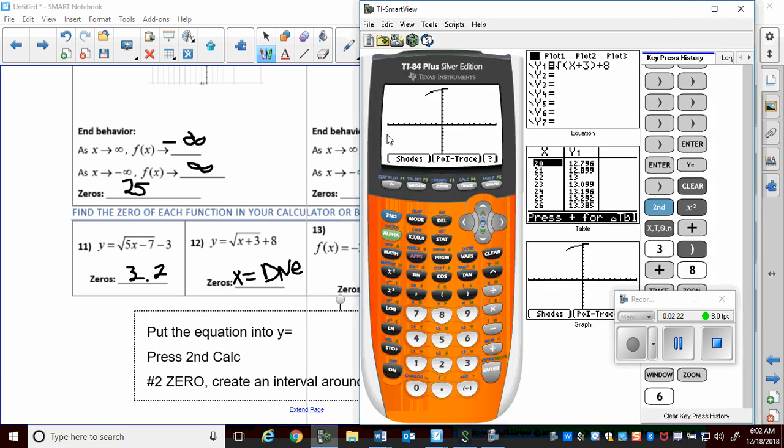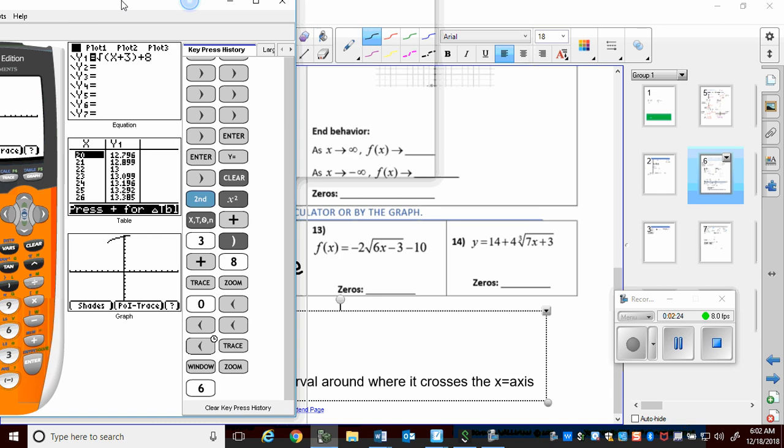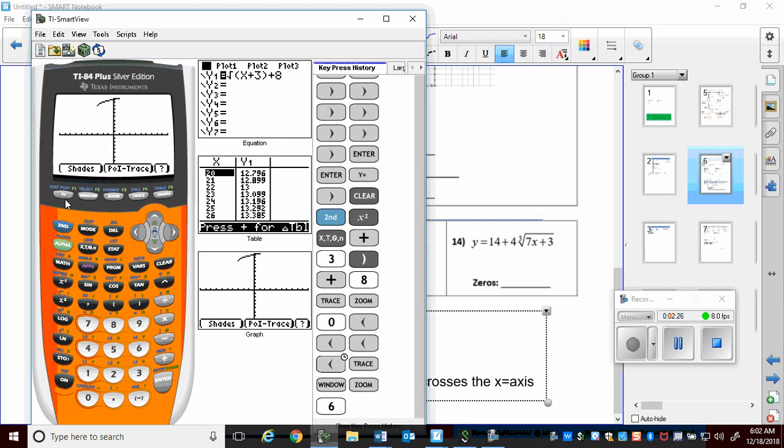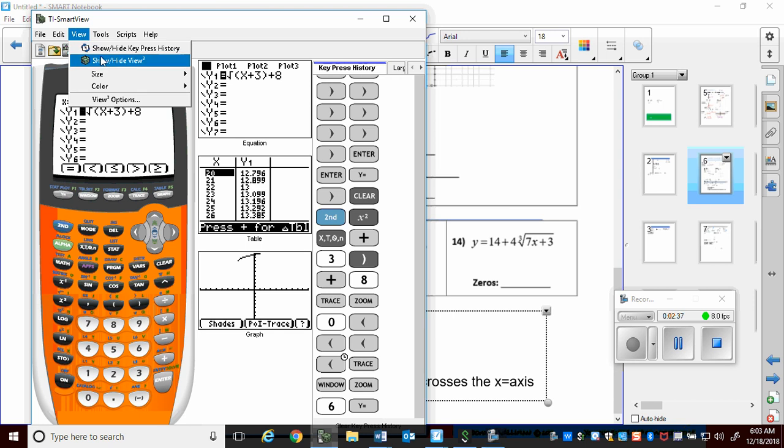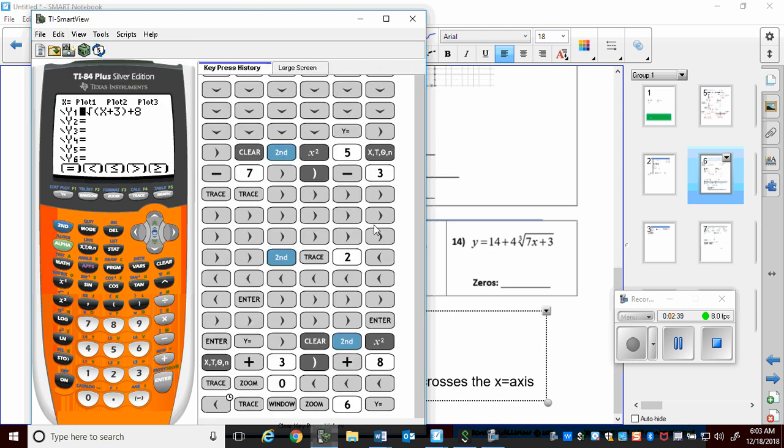Number 13, putting it in, go back to y equals. And you understand, number 12, you don't have to use the calculator functions to find that 0.